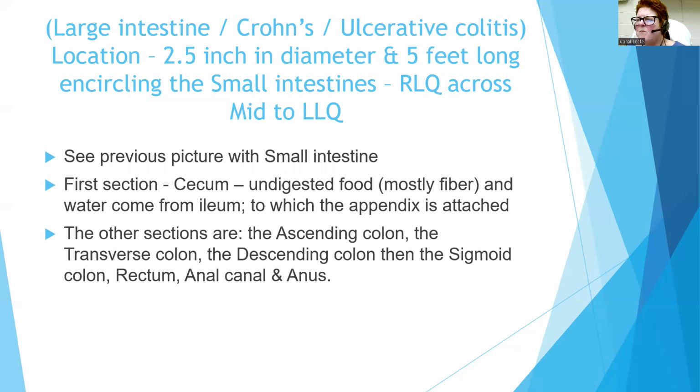The location of the large intestines, or the colon, is encircling the small intestine, from the right lower quadrant across the mid-abdomen to the left lower quadrant, and then down: descending, sigmoid colon, rectum, anal canal, and anus. It's 2.5 inches in diameter, over twice as big as the small intestines, but only 5 feet long, okay?